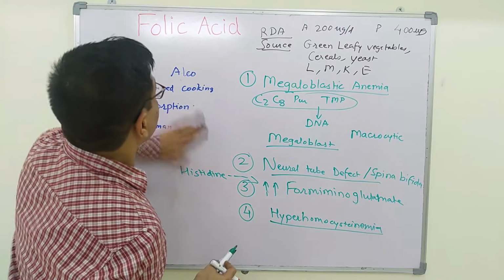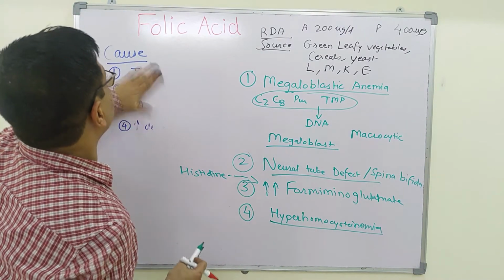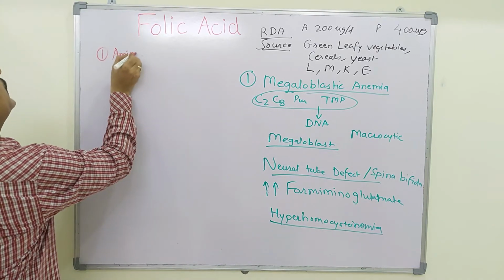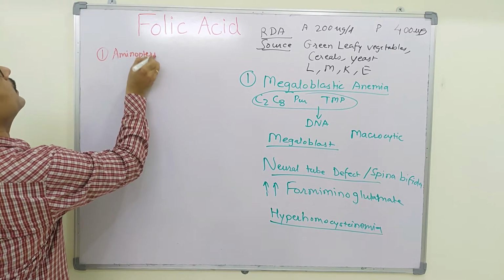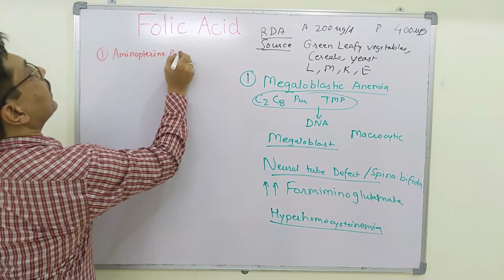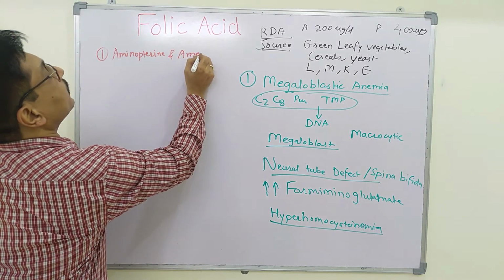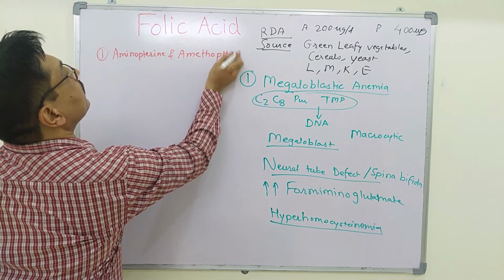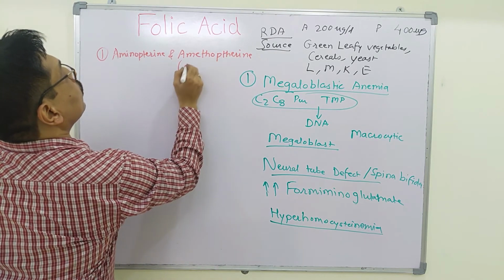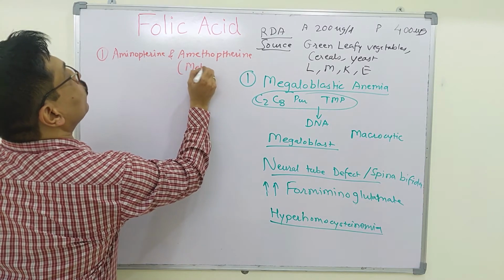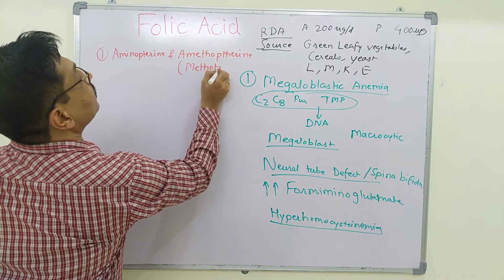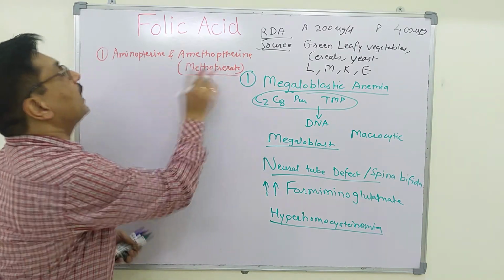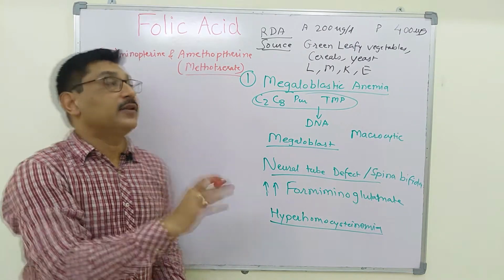Now coming to various folic acid antagonists. These antagonists are aminopterin and amethopterin, also known as methotrexate. These aminopterin and amethopterin or methotrexate are structural analogs of folic acid.